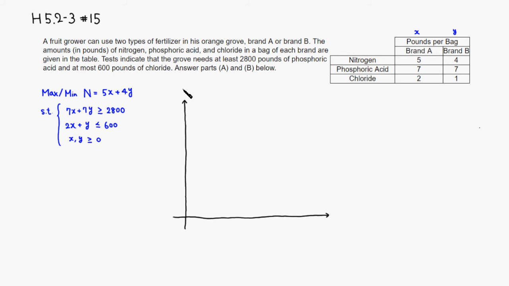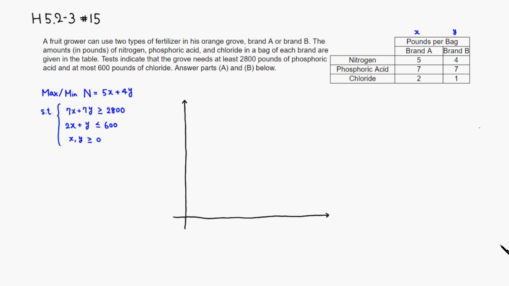So let's look at the first inequality. For the boundary line, the x-intercept: 7x is equal to 2,800, so x is equal to 28 divided by 7 is 4, so 400. So the x-intercept is 400.